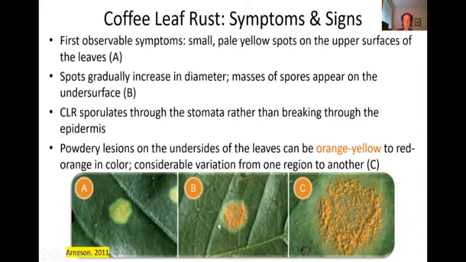On the underside, this is where you will see the start of spores, the spore formation of these Uridinea spores. And as time goes on, more and more spores will be produced. They can be a variety of colors. We tend to see the orange quite yellow here, but it can vary from region to region.